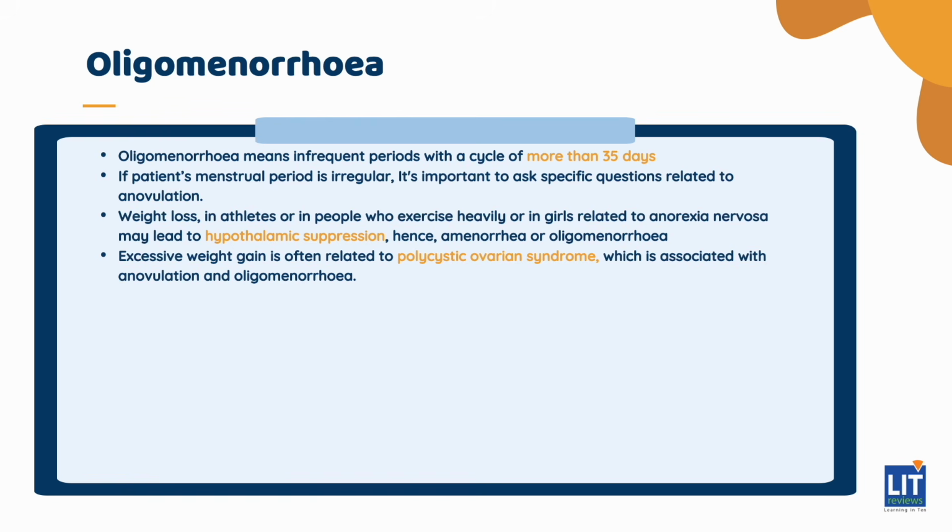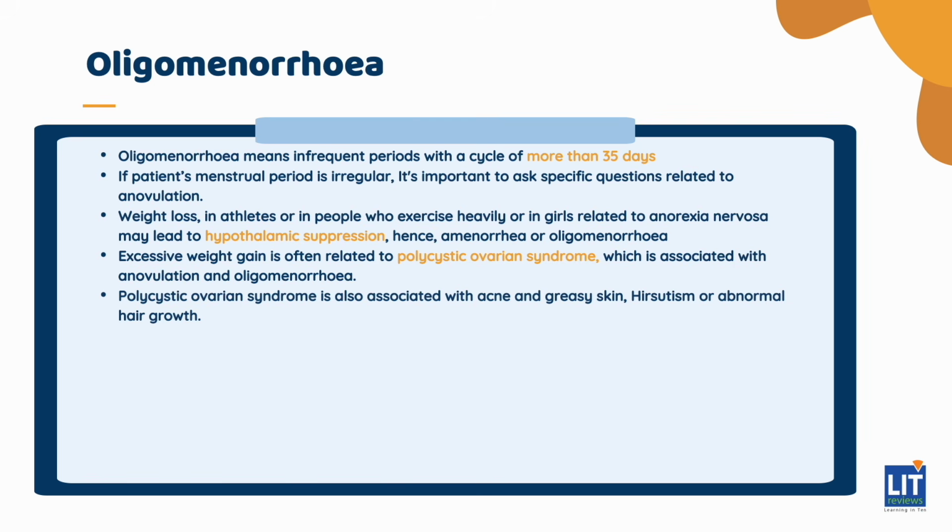Excessive weight gain is often related to polycystic ovarian syndrome, which is also associated with anovulation and oligomenorrhea. Polycystic ovarian syndrome is also associated with acne and greasy skin or abnormal hair growth, for example on the chin or on the chest or other facial areas.